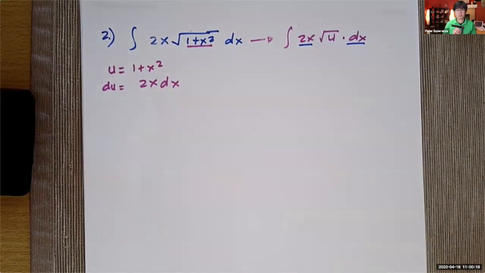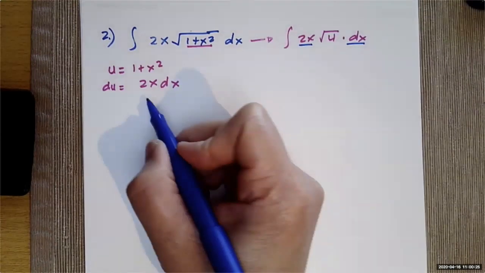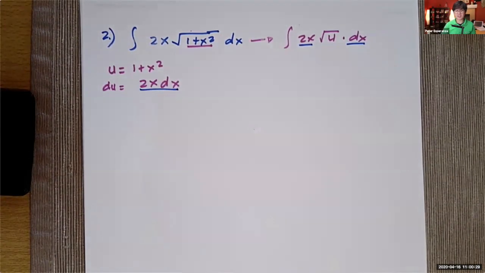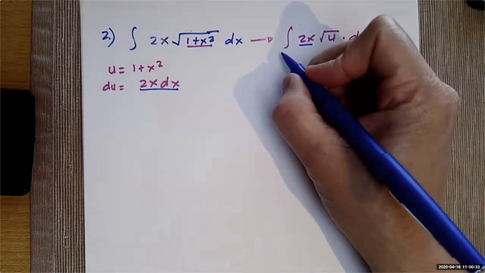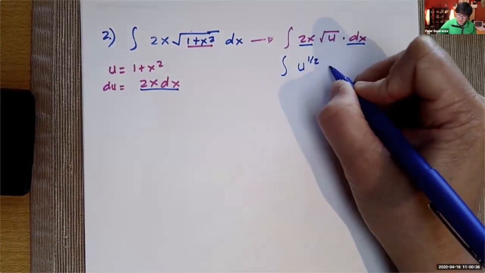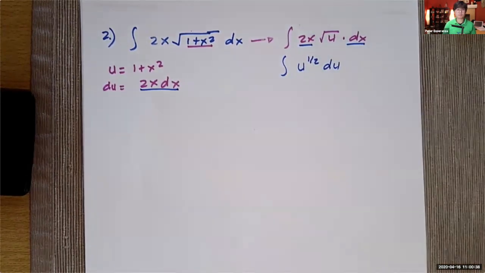What does it look like? The du. Yes. So that means you can replace that annoying 2x dx with just du. So now we have u to the 1/2 du. Are you convinced?